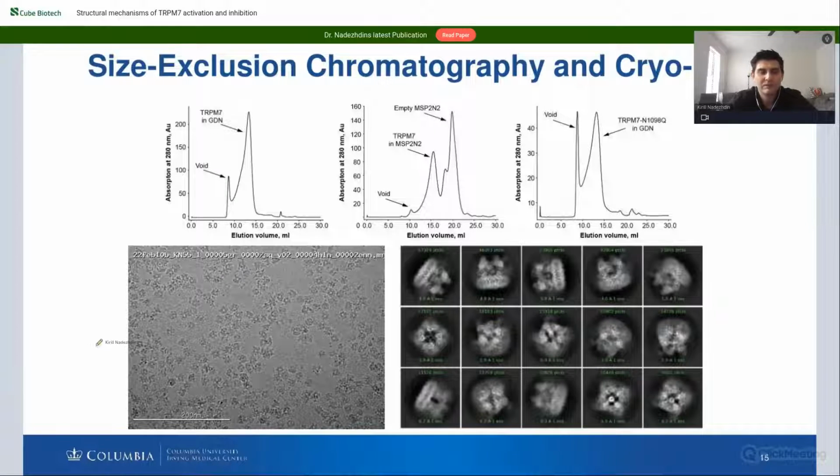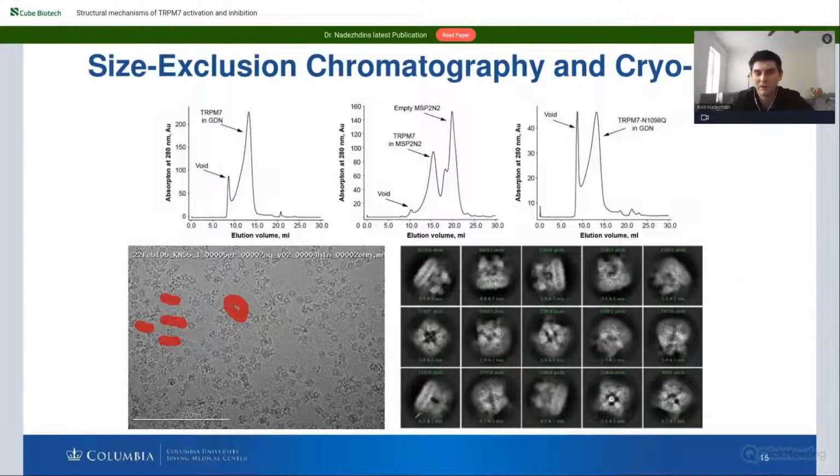And then you can also use cryo-EM to assess the quality. In cryo-EM, we collect thousands of micrographs. And you can see on these micrographs there are some specks. These are our proteins. We extract particles from these micrographs, usually counting in the hundreds of thousands or millions.